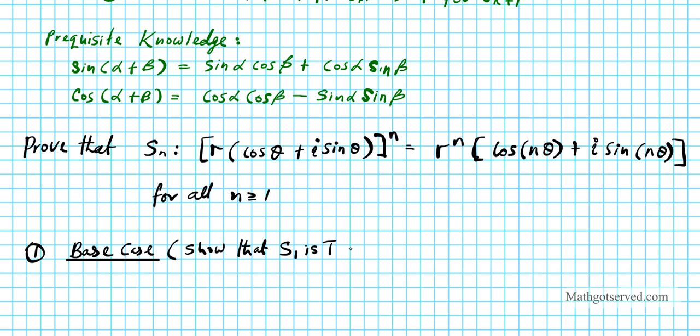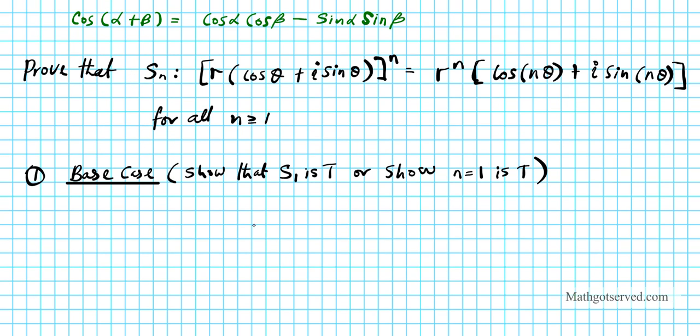Or you can write it as show that n equals 1 is true. Any of these methods will suffice for the base case. I'm just leaving flexibility here for you to construct the proof in whichever way you like. All right, so we want to show that S1 is true.